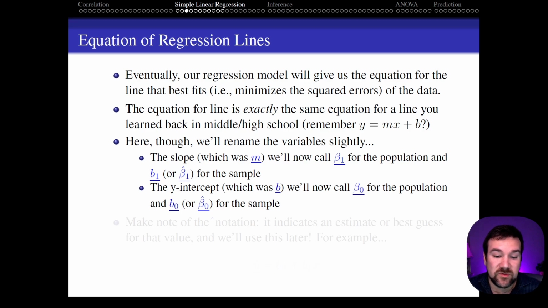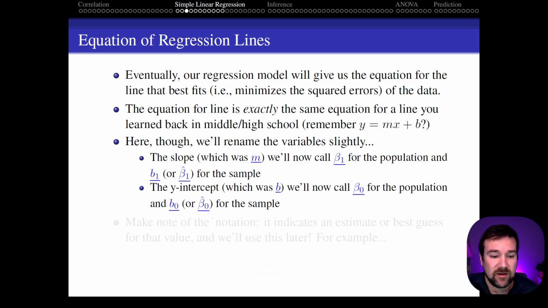For the y-intercept, we used to call that lowercase b, and I know that's a bit confusing, but again, that old high school math notation is just really not going to stick in statistics. The new notation that I'm describing is very, very common, and it's the only notation you're going to see. So I need to be careful about that. It is far and away the standard notation for regression. The y equals mx plus b is not it.